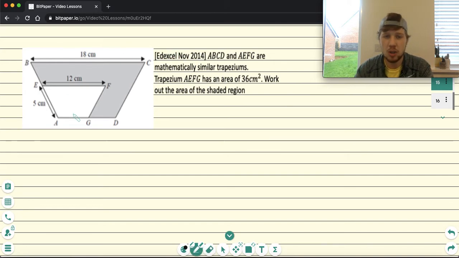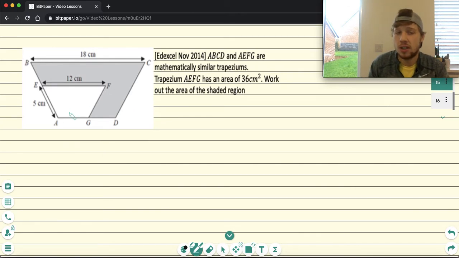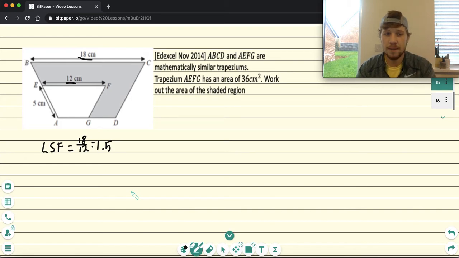So, I'm looking at this. I know the area of one of them, but I don't know any other relationship. So what I have to do is think back to what I just looked at, which was my linear scale factor. And for this scenario, I've got a side length of 18 and 12. So 18 over 12 is equal to 1.5. If I think about the units, that's going to help me massively with looking at area.